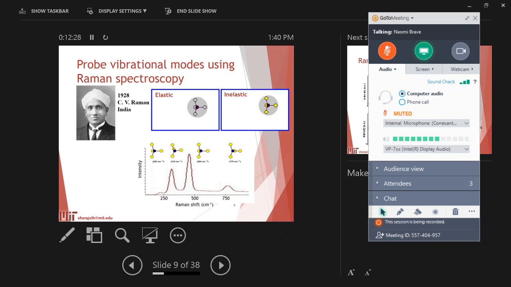However, for the Raman process, we have inelastic scattering, which means the outgoing photon has a different energy than the incoming photon, and this energy difference is transferred to the lattice, which causes vibrations of the lattice. If we measure Raman spectroscopy, we can see there are several peaks, and each peak represents a certain vibrational mode. For example, this one is a methane molecule, and you can see different peaks represent different vibrational modes.